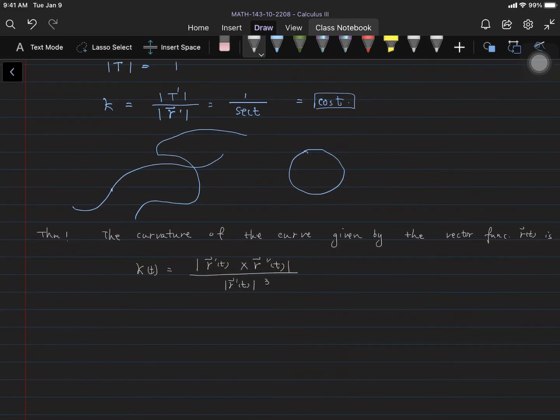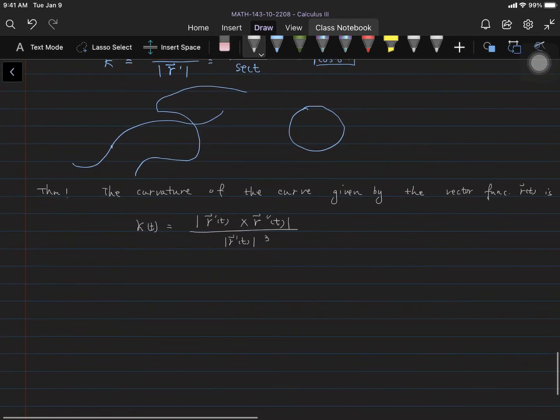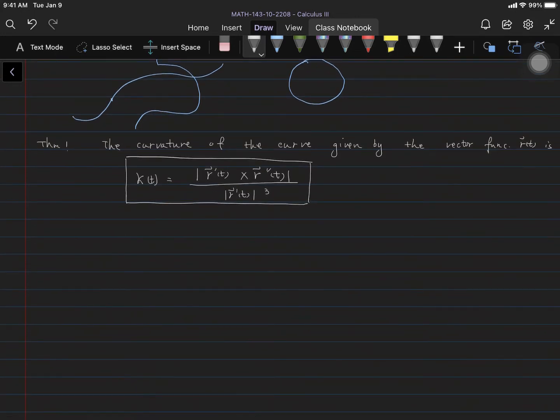Here we skip the proof. The proof is kind of complicated. We just need to know the formula, and in the exam, the formula will be given. So now let's take a look at how to calculate curvature by using this formula.